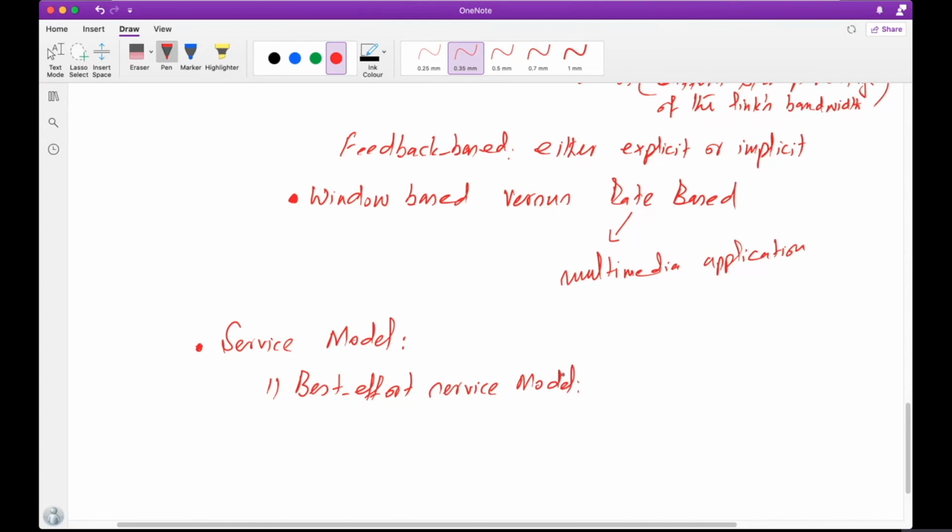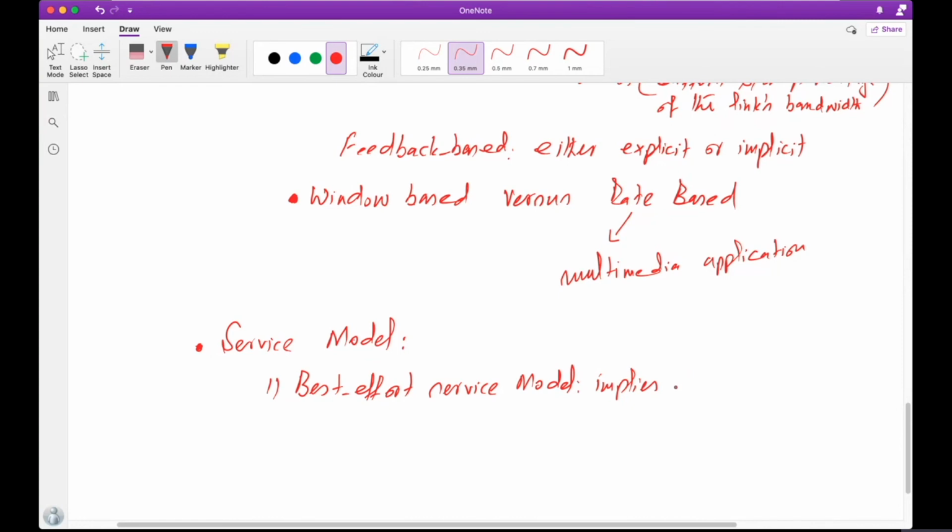By the way, this we have covered in detail, right? The best effort service model of TCP. What it does is that it implies that feedback is being used, right? It means that such a model does not allow users to reserve network capacity, and this was precisely happening in TCP's congestion control mechanism.